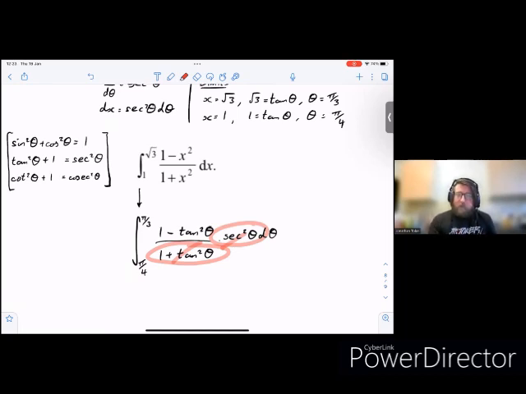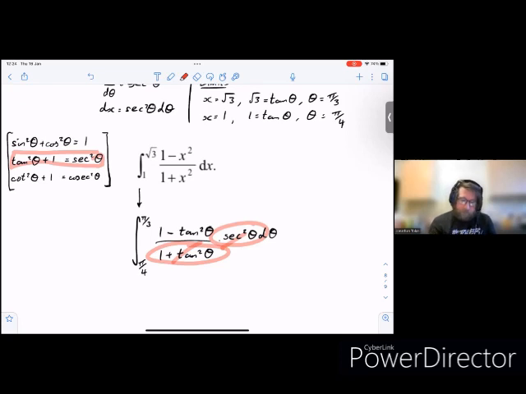Now, we could integrate tan squared, but the standard integral that we know is about sec squared, isn't it? We know that sec squared integrates to tan. So let's change the tan squared using, again, this one to sec squared minus 1.